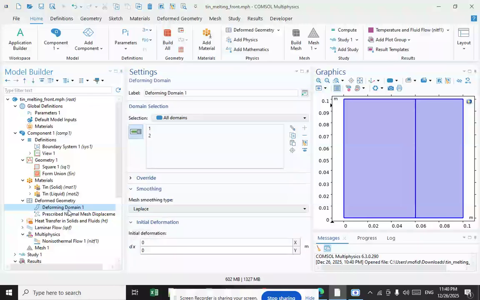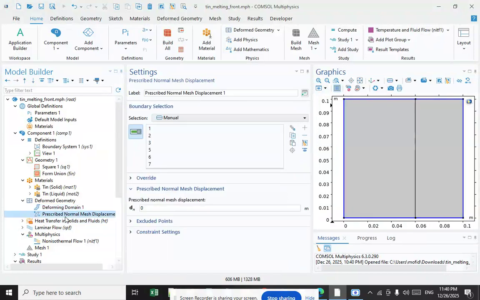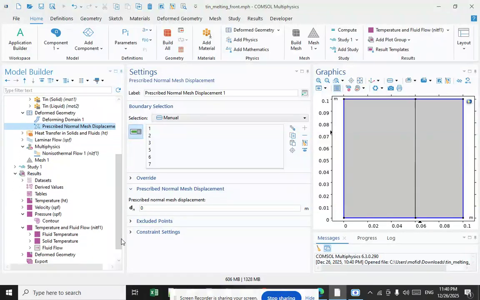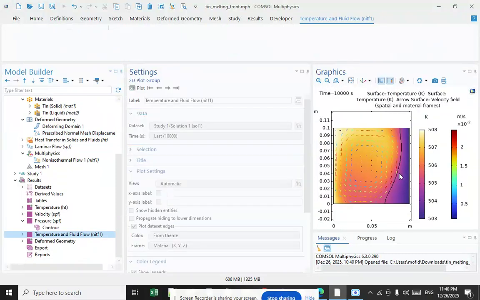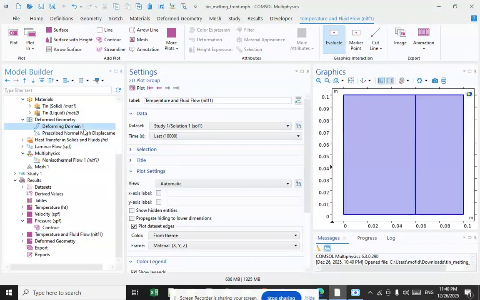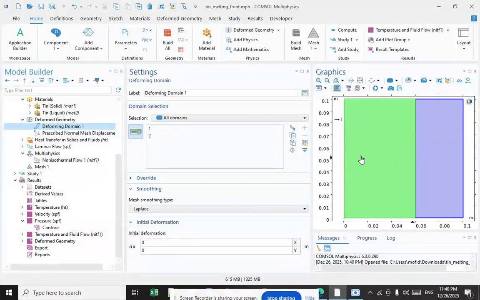You see the deforming domain, that the mesh smoothing type is by Laplace functionality, and the prescribed normal mesh displacement, because we have a mesh displacement, as you can see that after pressure we have the stress, the temperature, fluid. You see that this boundary condition has been changed, while we had a straight line here that separated two parts of this rectangle.